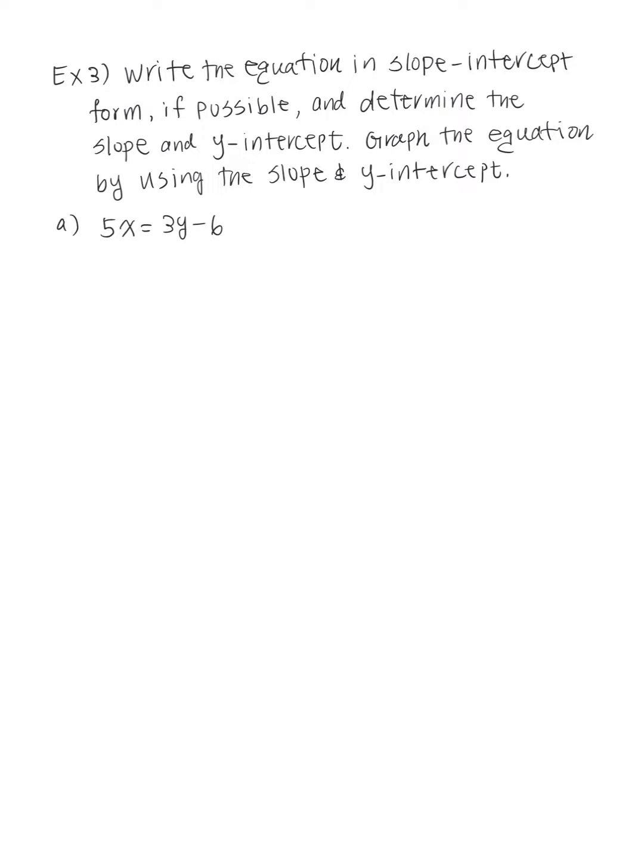In order for us to determine the slope and y-intercept, you want to solve for y as a function of x, because remember the slope-intercept form, let me just write slope-int. Slope-intercept form is given by y equals mx plus b, where m is the slope and b is the y-intercept.